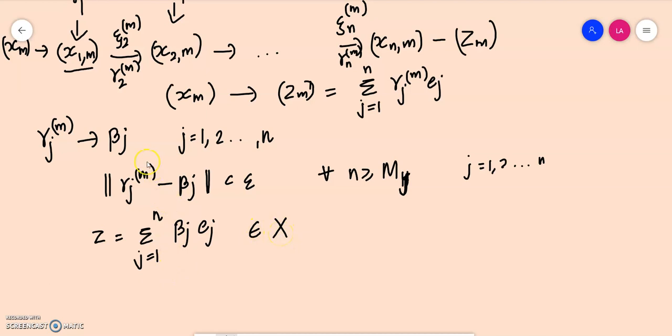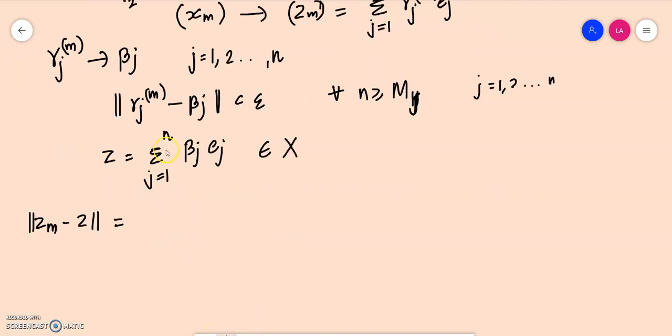Now we have constructed a subsequence z_m of x_m, and we have to prove that z_m converges to some point, and that point should belong to our set M. This is what we have to prove. We will prove that our subsequence z_m converges to the point z which we have defined, and for that we will take the norm of z_m minus z.